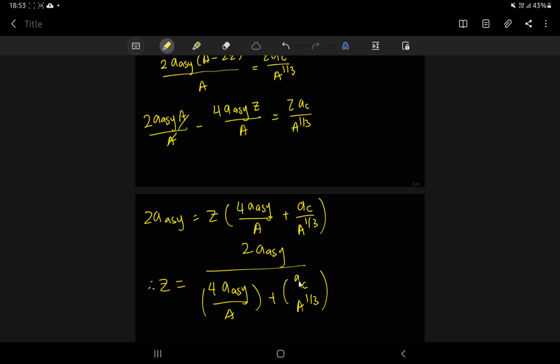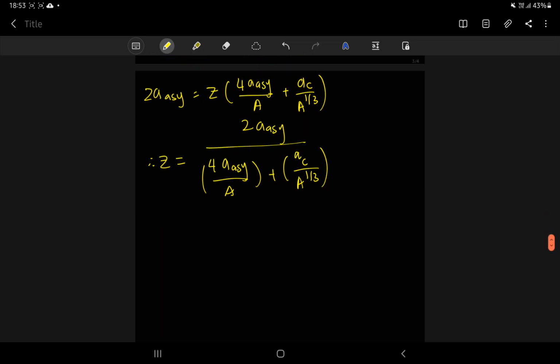Okay, because we are given that A is simply 77, A_asym is 23, A_Coulomb is 0.76, all in units of mega electron volts.